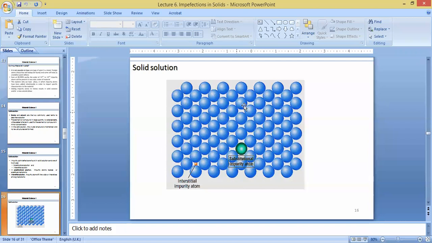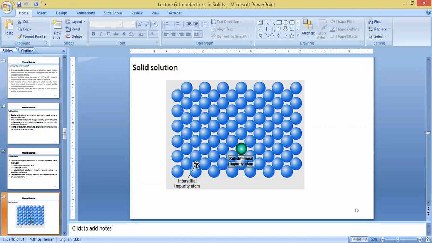Then there can also be another atom. Let's say you put in chrome or another metal whose atoms have a much smaller radius than the copper atom radius. So even this space here is enough for them to settle. They'll come and settle in those small spaces because their atoms are not that big.